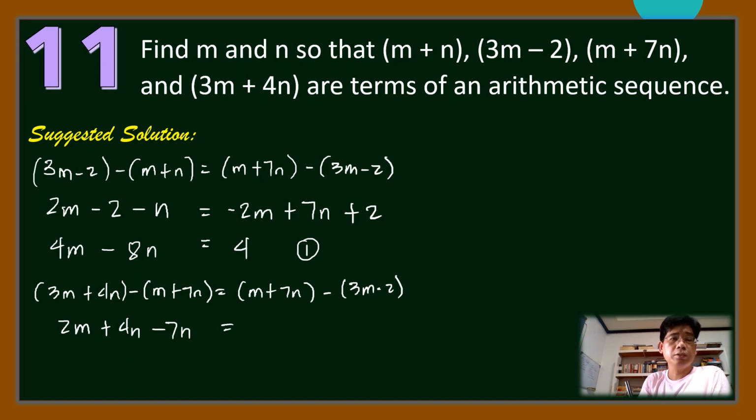This is equal to negative 2m plus 7n plus 2. Again, adding 2m to both sides, we'll have 4m. And then, subtracting 7n, that will be negative 3n minus 7n. So, we have negative 10n equals 2. Let us have this as equation 2.